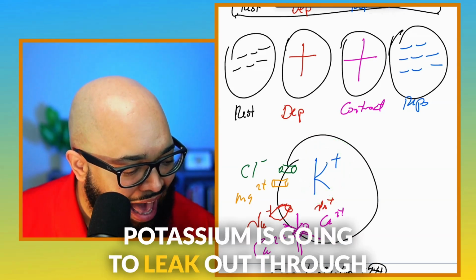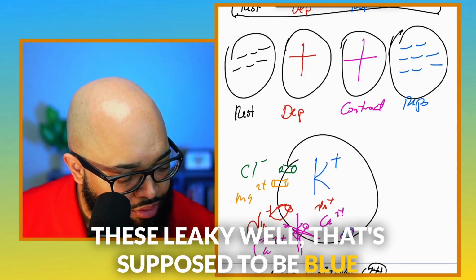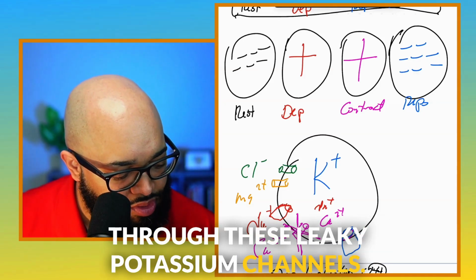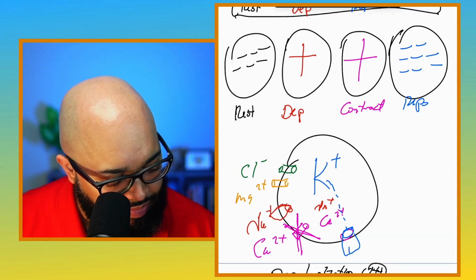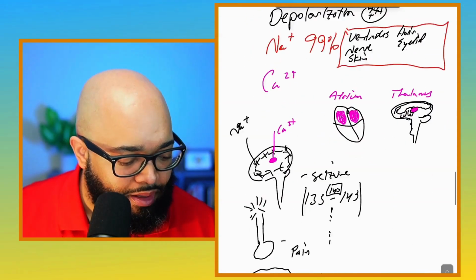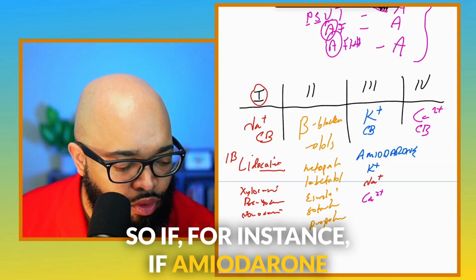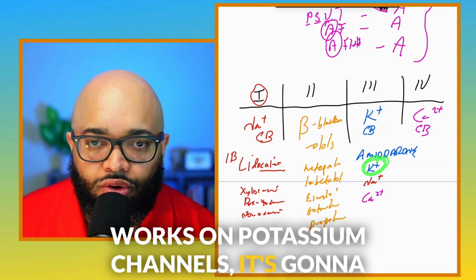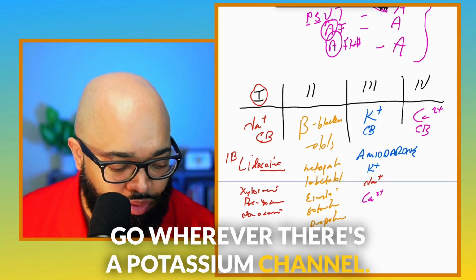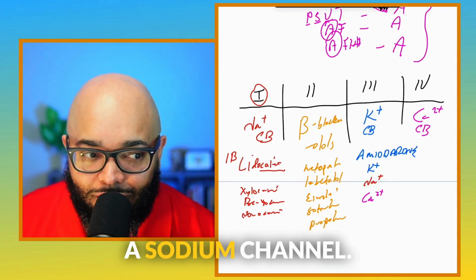Potassium is going to leak out through these leaky potassium channels. Okay? So if amiodarone works on potassium channels, it's going to go wherever there's a potassium channel. But if it works on sodium channels, it's going to go wherever there's a sodium channel.